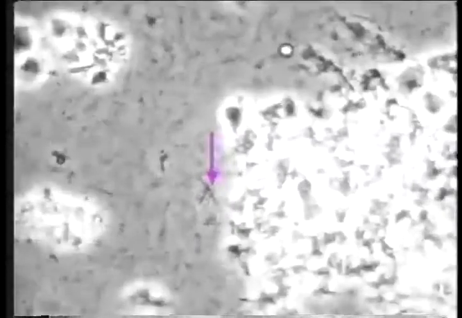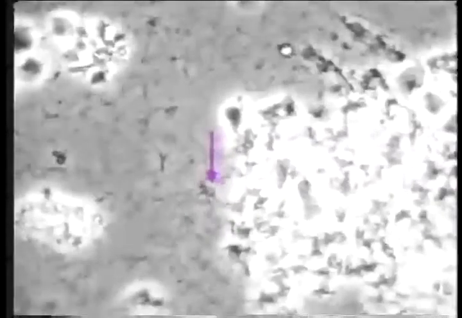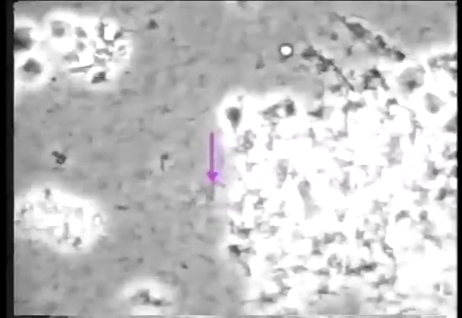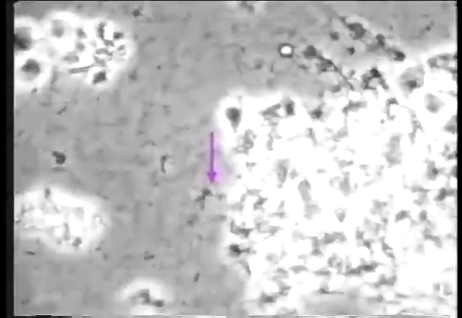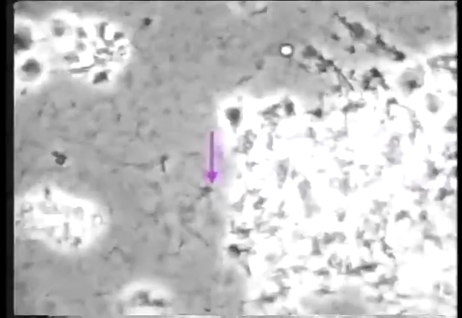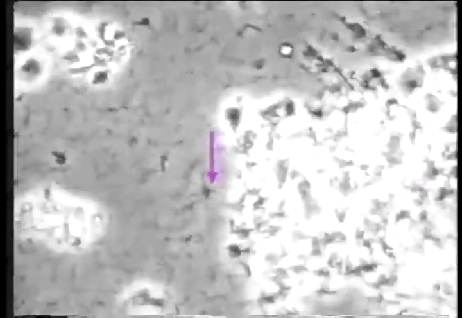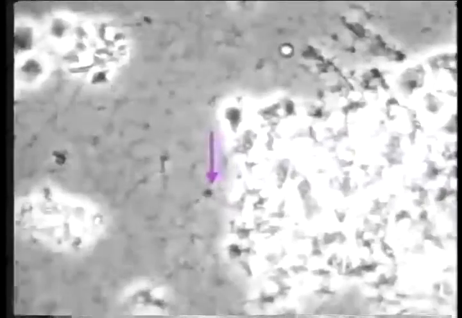Note the aggressive nature of spirochetes attacking the body's immune system. We have here a group of spirochetes attacking what may be the remnants of a dead white blood cell. Note the continuous movement of these virulent microorganisms.